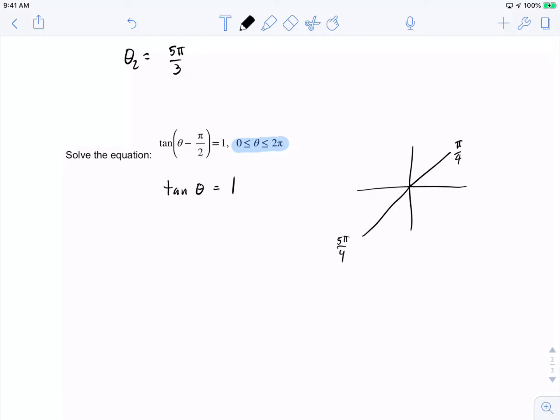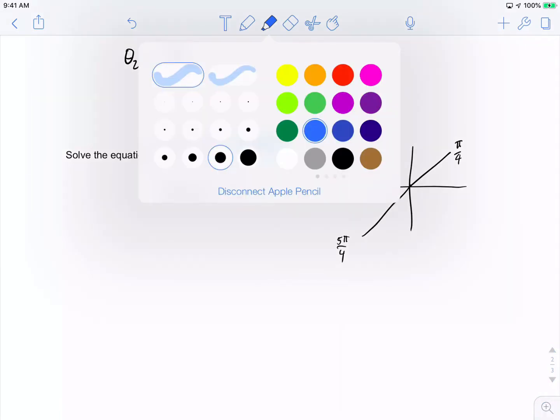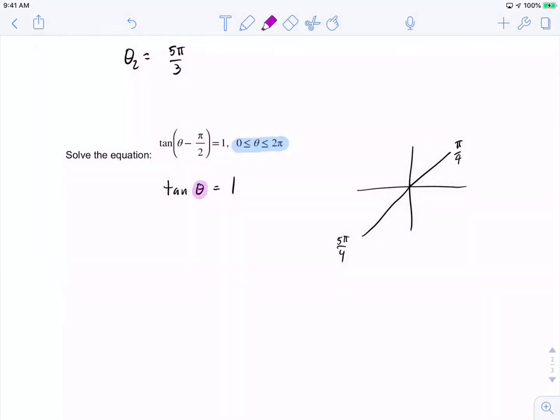And so I'm saying that, and I'll use a different color for this, this theta is equal to this parentheses here. And so what I'm going to do is I'm going to say, all right, theta minus pi over 2 is equal to pi over 4 for one of my answers, and theta minus pi over 2 is equal to 5 pi over 4 for my other answer.